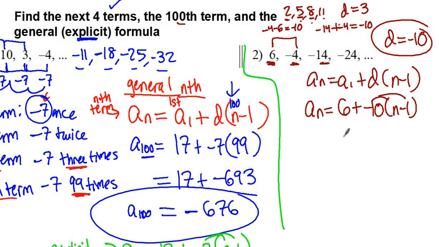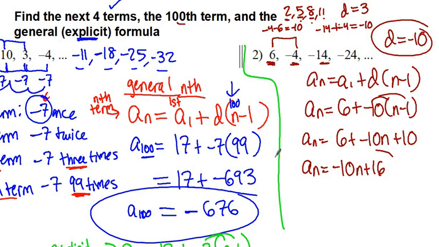And then we can simplify this a little bit. So a sub n equals 6 plus negative 10n, and negative 10 times negative 1 is positive 10. So now 6 plus 10 is 16. So we could simplify that to be negative 10n plus 16. There's our general formula, and we've taken care of this part.